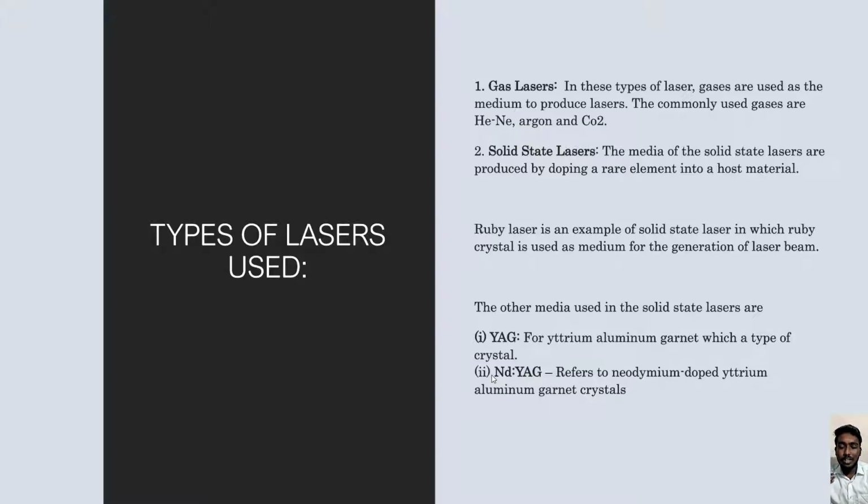Next, solid state lasers use a medium such as ruby crystal, yttrium aluminum garnet, or neodymium-doped yttrium aluminum garnet, doped with a rare element such as xenon, etc. Such laser beams are produced and are known as solid state lasers. Examples are ruby crystal, yttrium aluminum garnet, and neodymium-doped yttrium aluminum garnet.